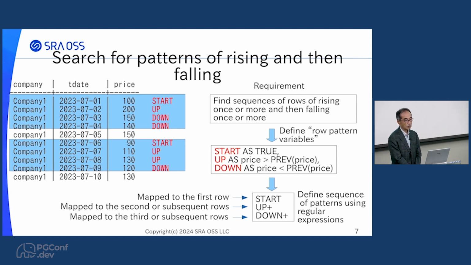Once these row pattern variables are defined, we can define a pattern using those variables. That is start, up plus, down plus. So using this pattern, we map the first row to the start variable, and then up plus and down plus.